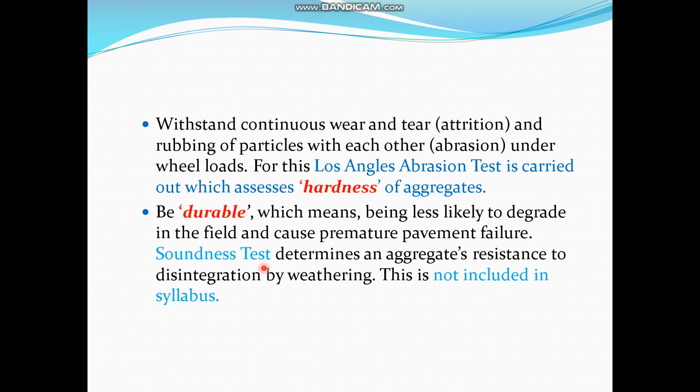A simulation of the chemical effects of the environment is done by placing your aggregate in a solution of barium chloride and magnesium sulfate for 5 days, after which the material is sieved and we see the percentage of weight which has dissolved in those chemicals, and thereby we determine its durability, or how resistant your aggregate is to the chemical action of the environment or the weathering effect.